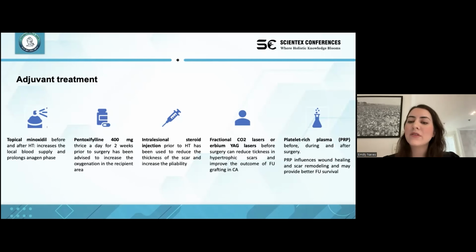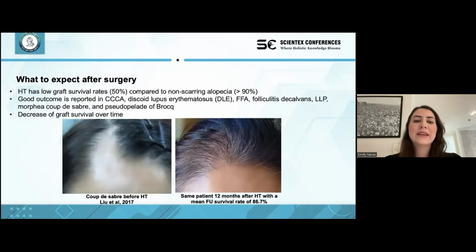And some articles are telling us about platelet-rich plasma. Its use can be performed before, during, and after surgery. PRP influences wound healing and scar remodeling and may provide a better survival of follicular units. And what can we expect after surgery?